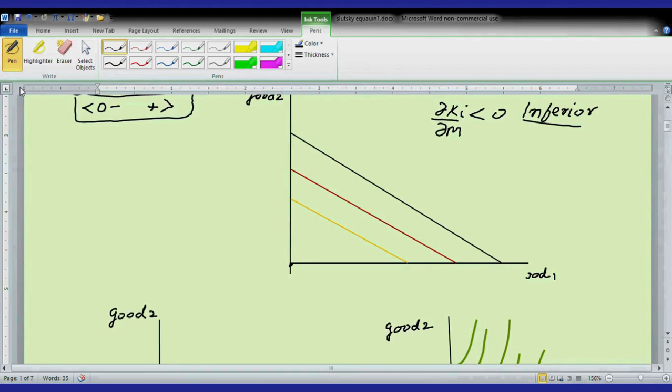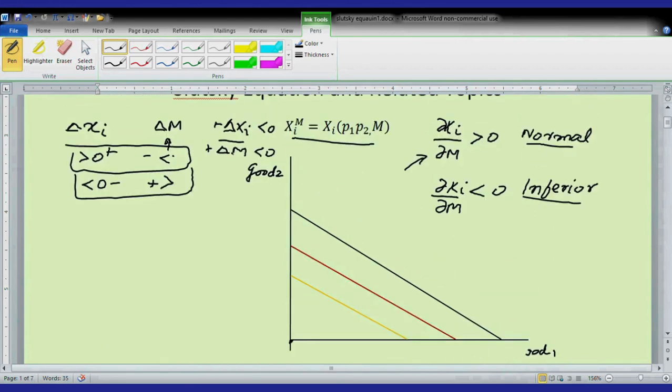So this is the classification into normal and inferior good, and as I told you, it is based on income.